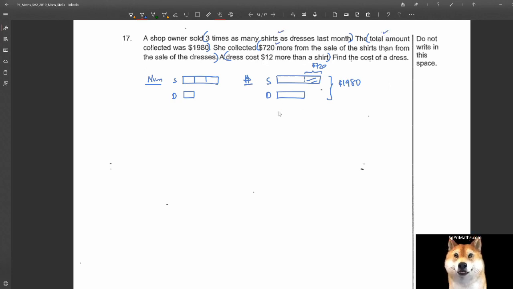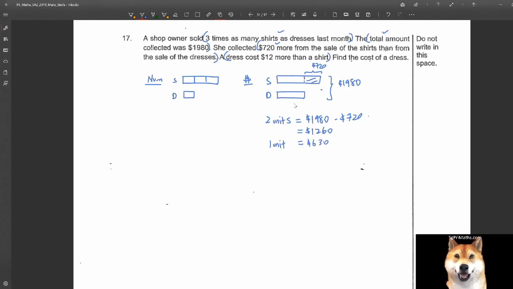So we use this, and we use this. From this model, this unit and this unit are the same. We can find the value of money for each unit. So 2 units equals 1980 total minus the difference 720. This will give us 1260. 1 unit will give us 630.